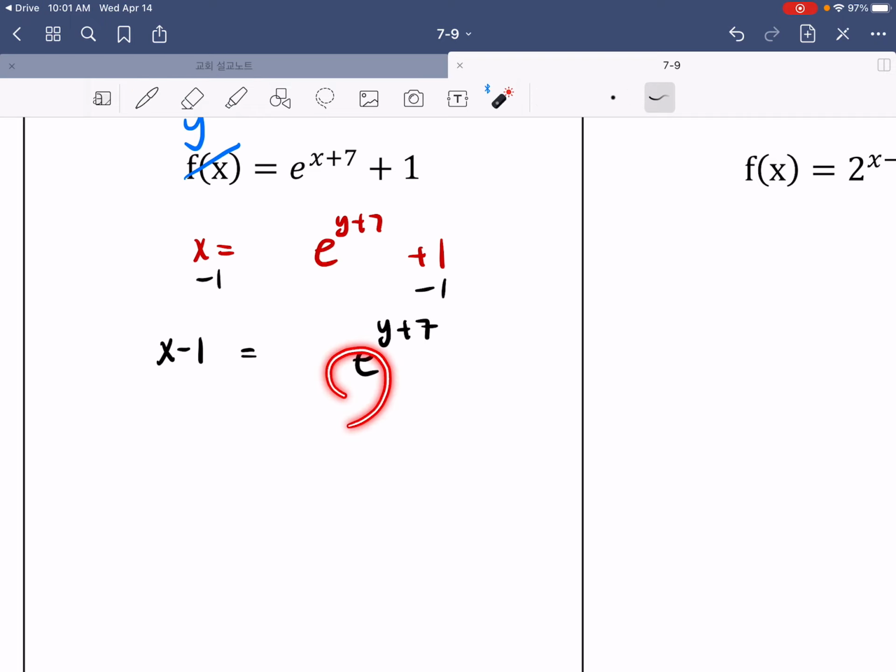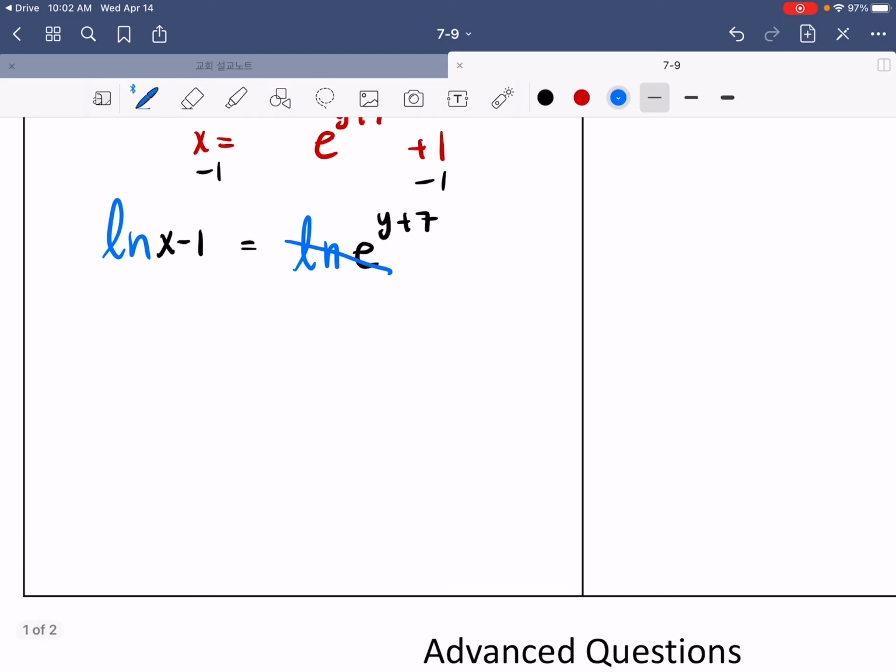Now we can get rid of this e so that we can solve for y. How can we get rid of e? We have to take log base e on both sides, right? What's log base e? Log base e is the same as natural log. So this one will disappear. On the left, you're going to get natural log of (x minus 1).